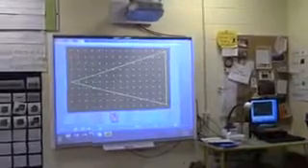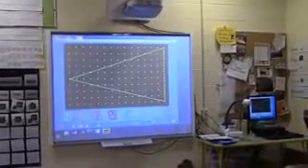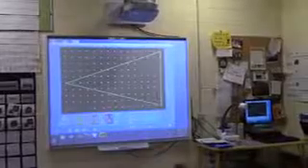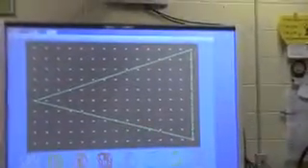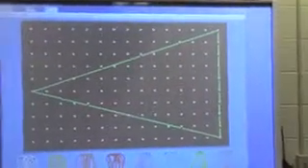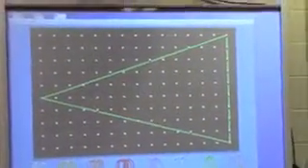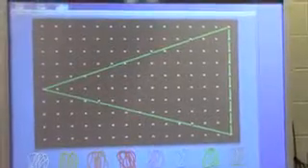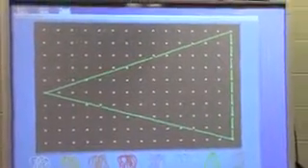Let's look at what this mathematician created. Can you tell us, what did you create? A triangle. Is there anyone sitting who would like to make a noticing about this triangle? What are you noticing that this triangle has? It has 3 sides. Awesome.